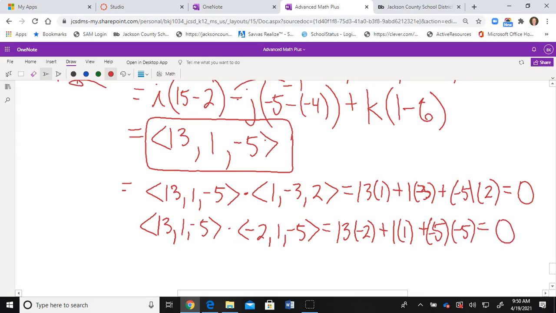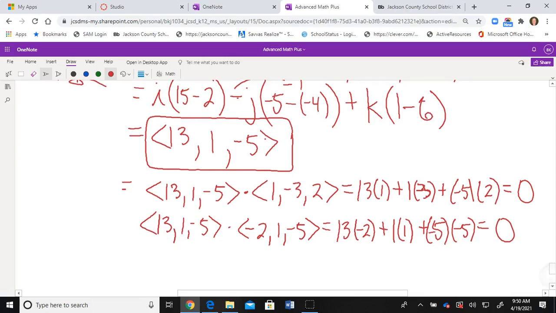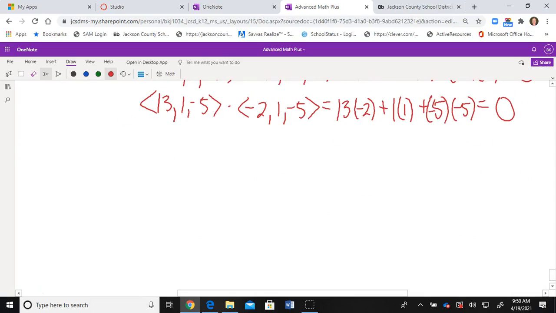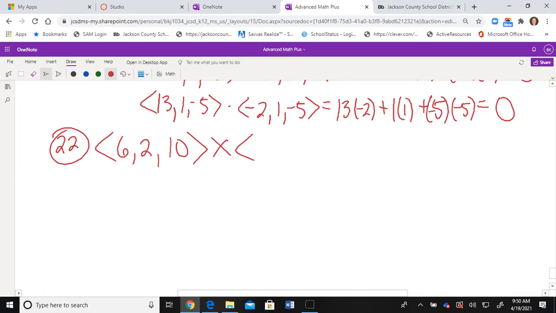That also equals 0. So they both checked out. Great? Awesome. Amazing. Last problem. One more of these. 22. It's the cross product of 6, 2, and 10, cross product with 4, 1, and 9.